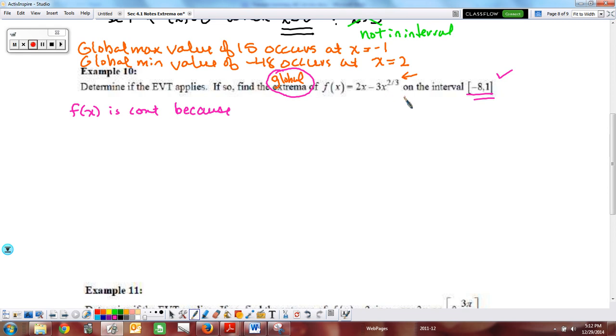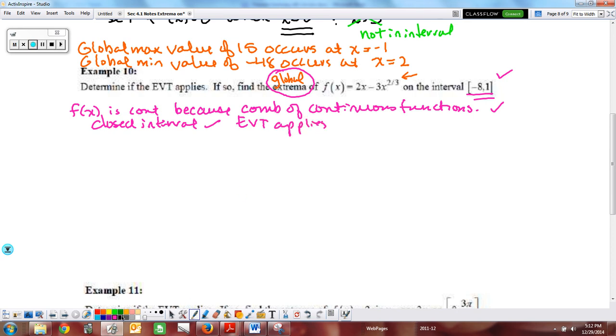All odd roots are continuous, all linear functions are continuous. The sum of continuous functions is continuous because it's a combination of continuous functions. Please do not say polynomial. So we've got continuity. We have a closed interval. Check. So I know EVT applies.